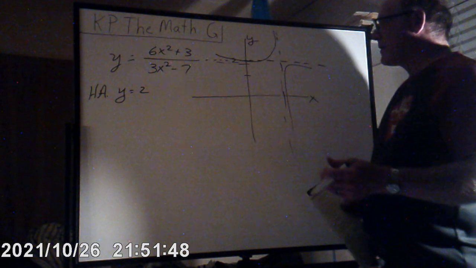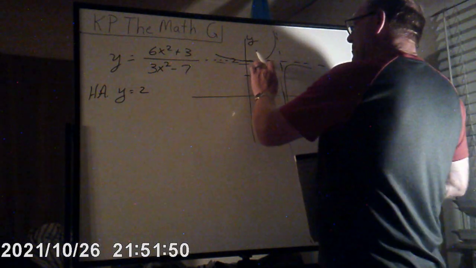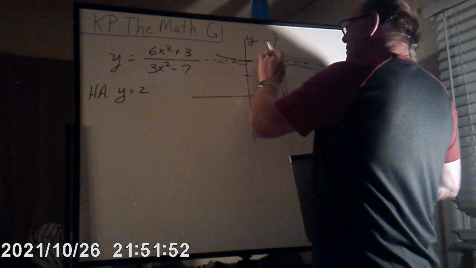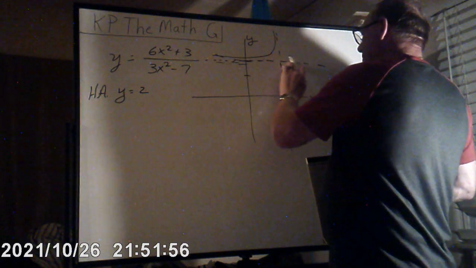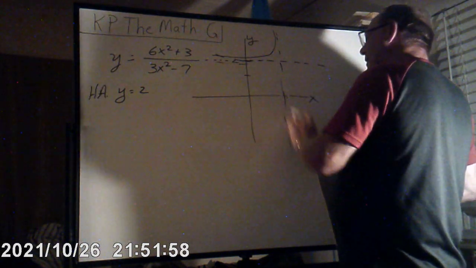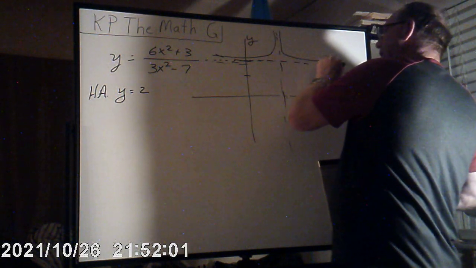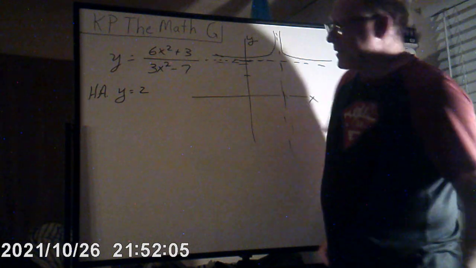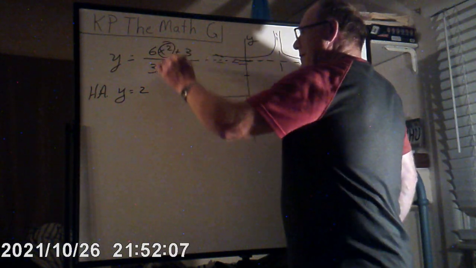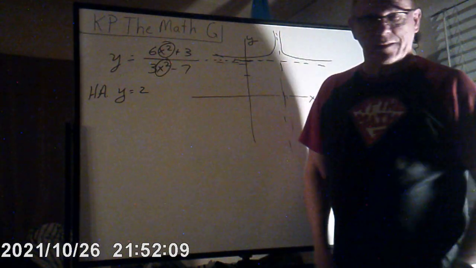Well, and it could do something else. And by the way, I drew that kind of... it could do this, by the way. It could do that too. And I say that because x squared is positive.